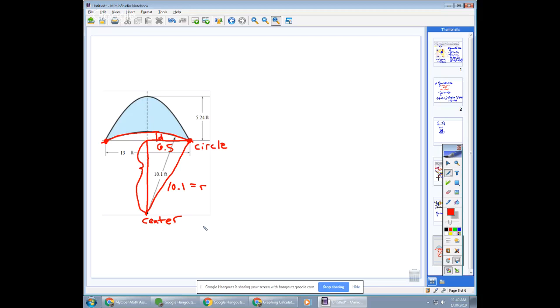Yes, because we know half of 13 is 6.5. The Pythagorean theorem says take 6.5 squared plus that missing y value squared is 10.1 squared. This is going to get a little messy. So y would be the square root of 10.1 squared minus 6.5 squared, whatever that happens to be.